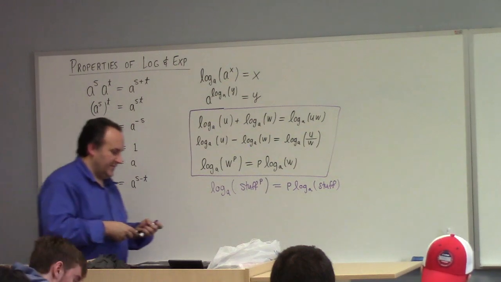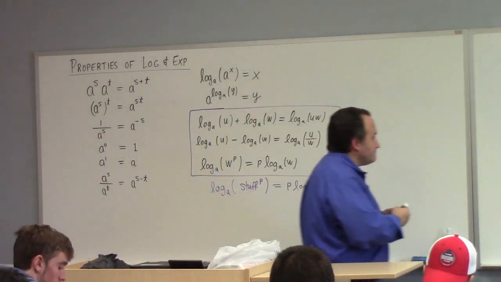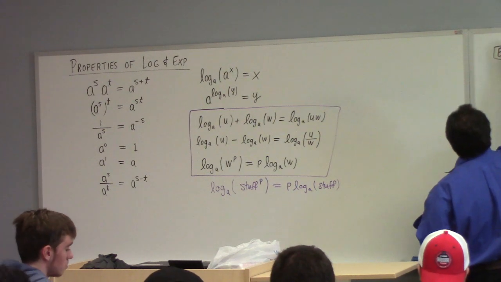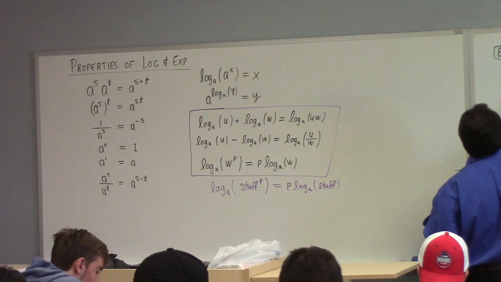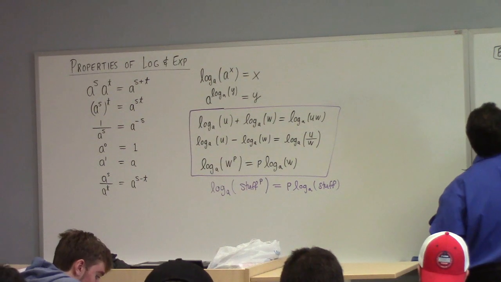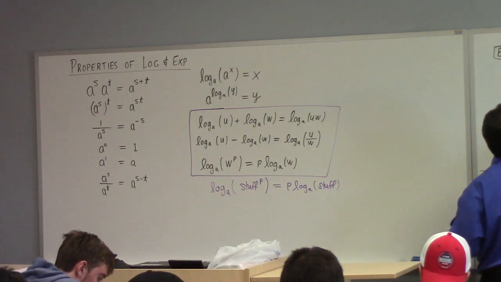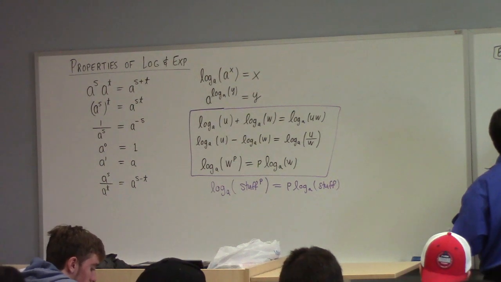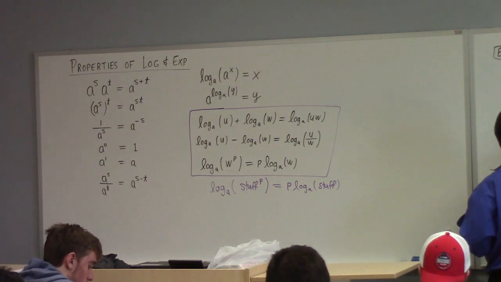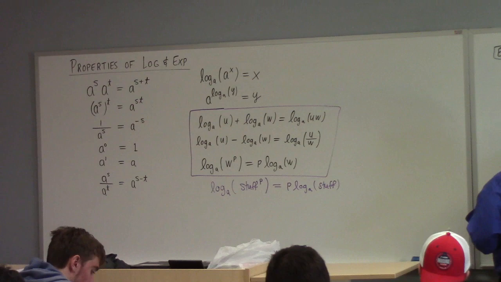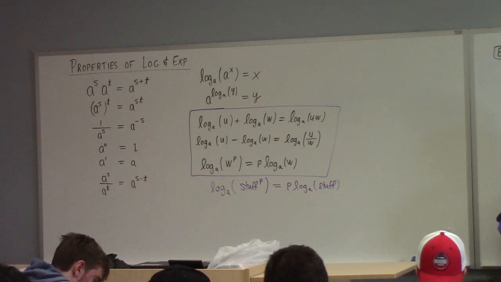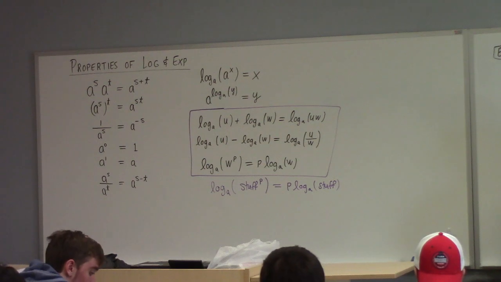Let's look at a couple of examples. So like example 1, if I have log base 3 of 9 times 3 squared, it is not equal to 2 times log base 3 of 9 times 3.